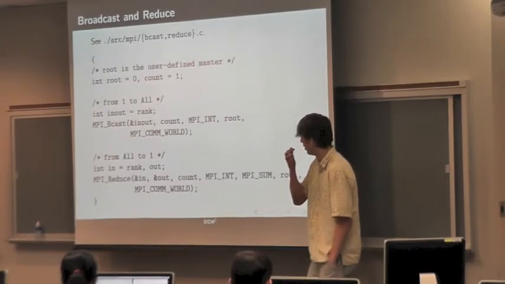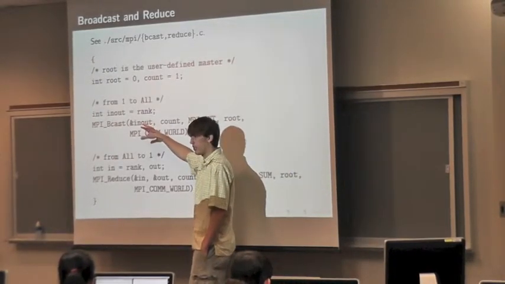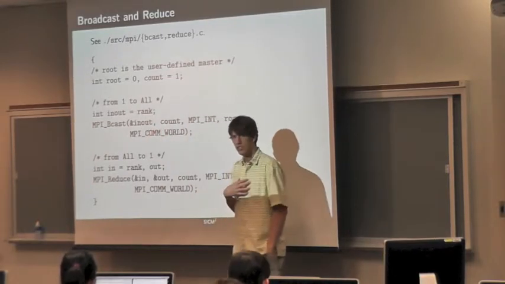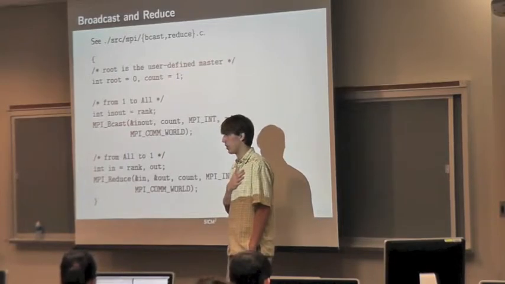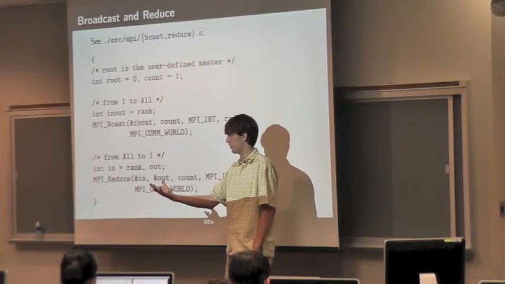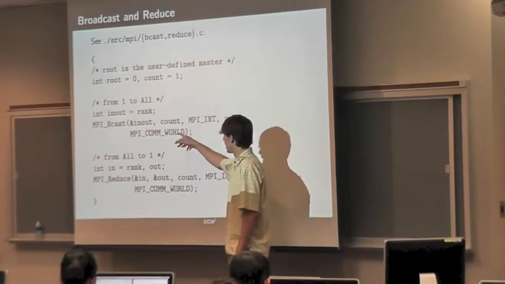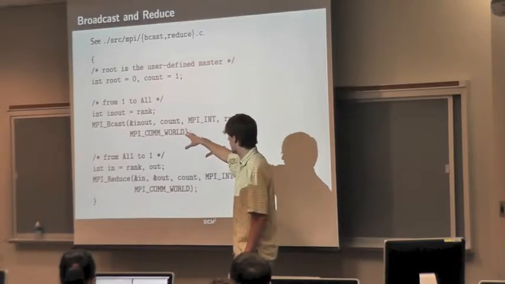Let's look at a little bit of this. Broadcast takes one data argument. It's an in-out. It's an input at the root, the one doing the broadcasting, and for everyone else it is an output, as in it's a receive. You're receiving data into this buffer. Count is how many data elements of a particular type.